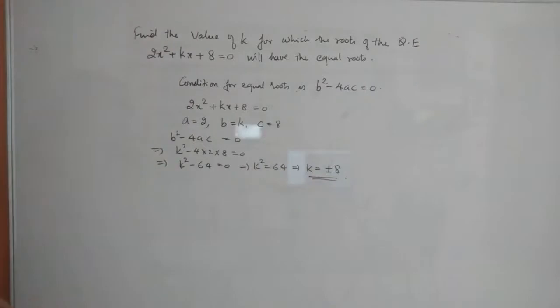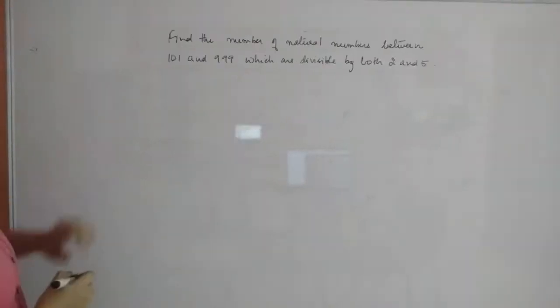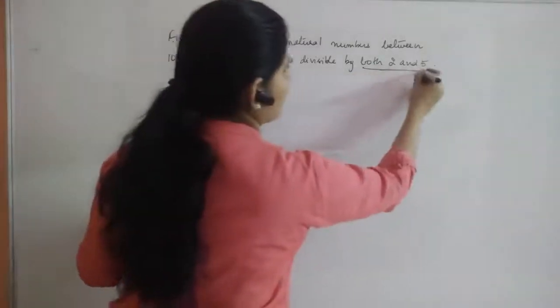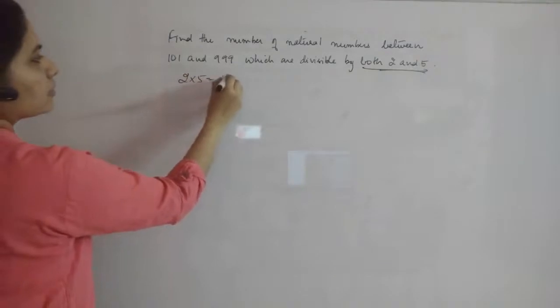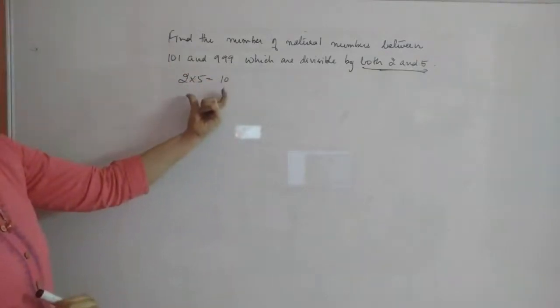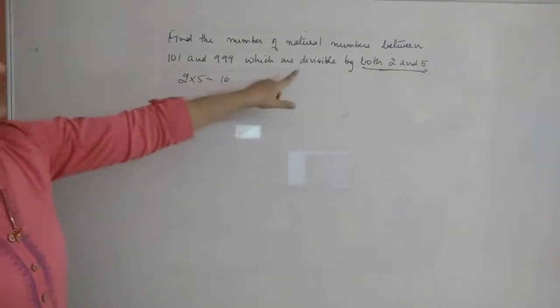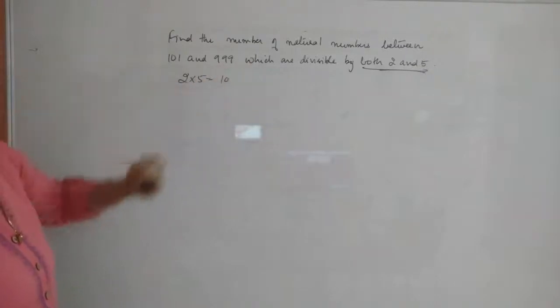The number of natural numbers between 101 and 999 which are divisible by both 2 and 5. Now when both 2 and 5 is asked, you have to take the numbers which are divisible by 2 into 5, which is 10.